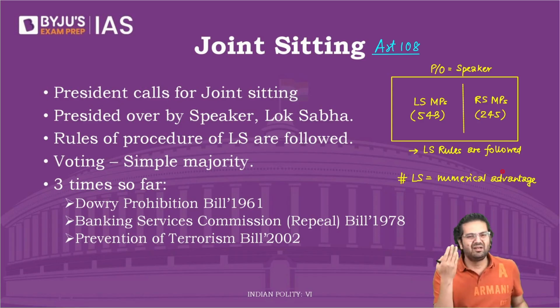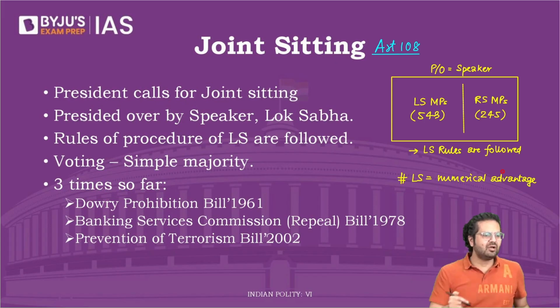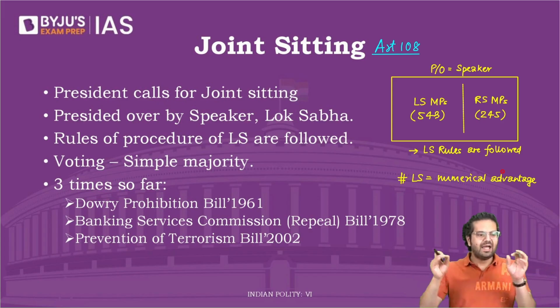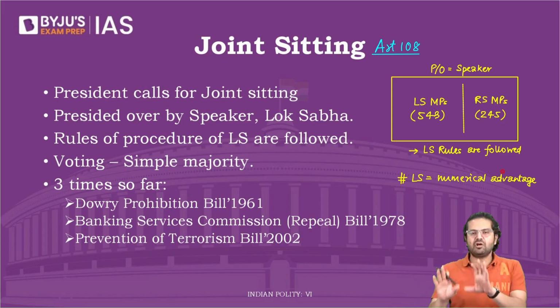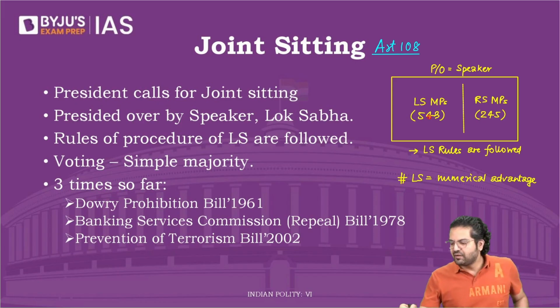Someone asks about the President's reconsideration. Same process is not required. Again, conflict. How can there be a conflict? Now we are taking a voting here. What's the conflict here? All the people sit together and we take the combined majority. 543 plus 245, 788.